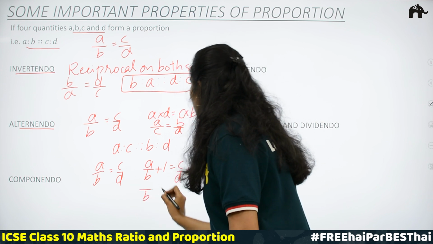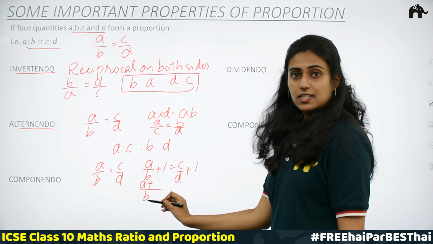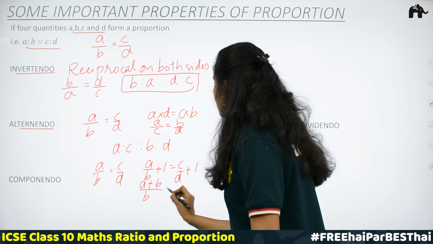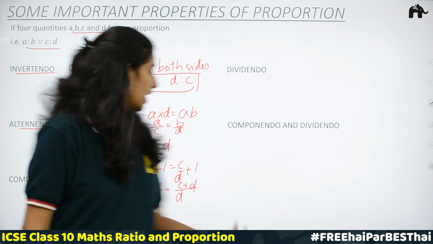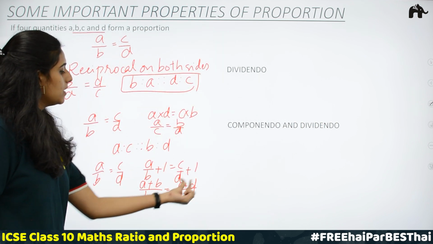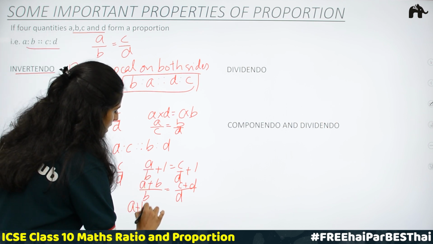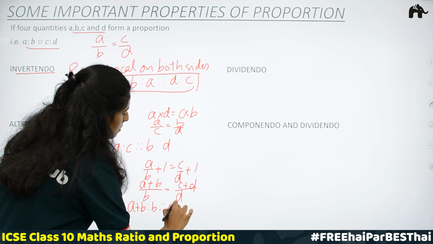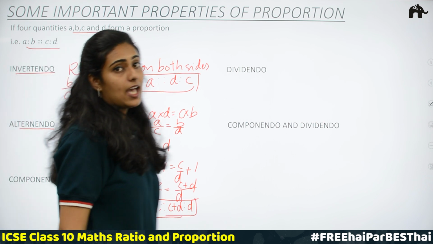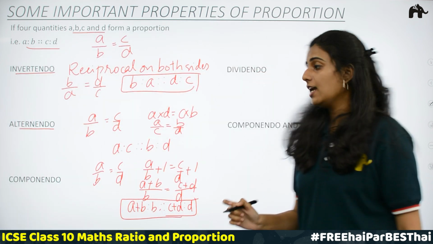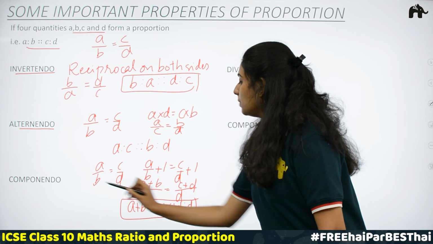Denominator will be B. Numerator A plus 1 into B is A plus B. That is, A plus B by B is equal to C plus D by D. This is what the componendo property gives. We can express this as A plus B is to B as C plus D is to D. Here we are adding the numerator and denominator to get the numerator, and the denominator is the same.